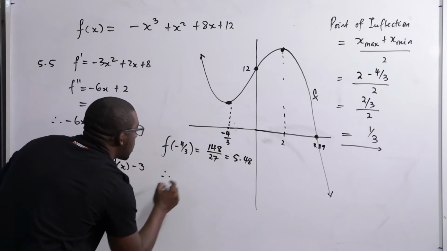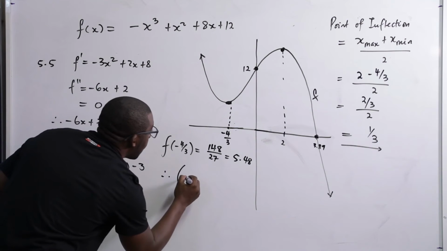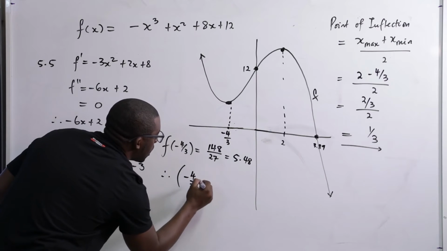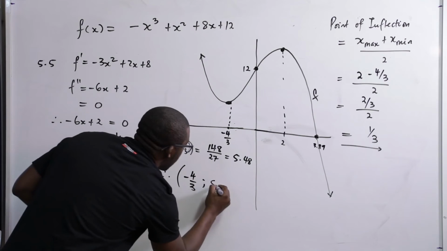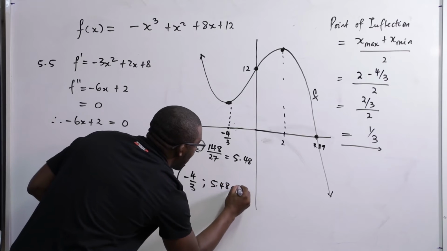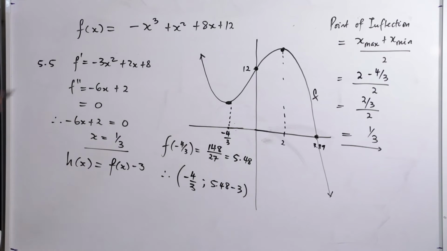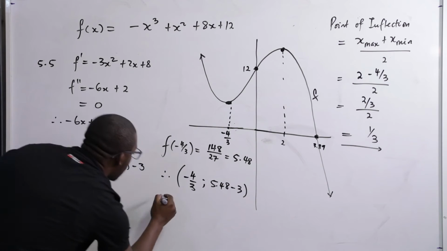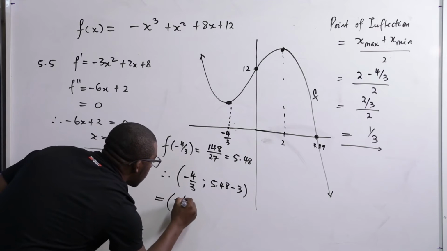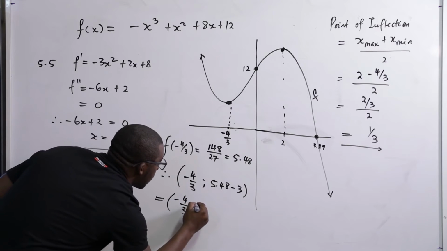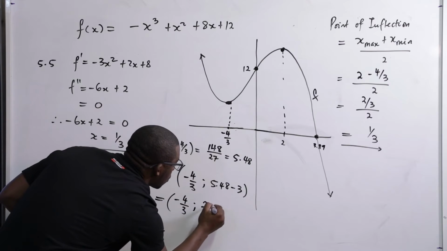Therefore, the first turning point is negative 4 over 3, then 5.48 minus 3, because here you have shifted it 3 units down. The x-coordinate is still the same, but the y-coordinate is now 2.48.